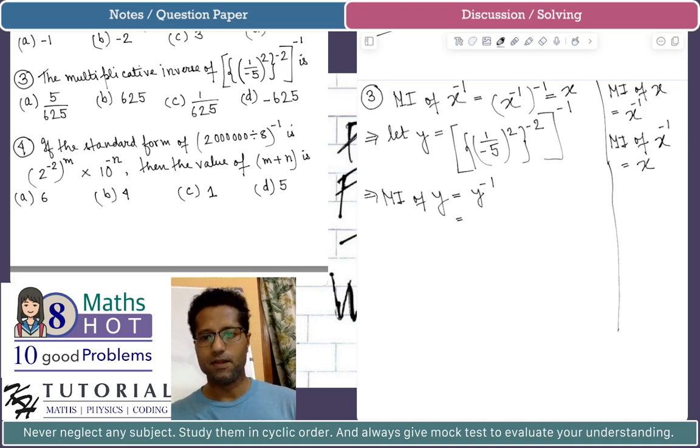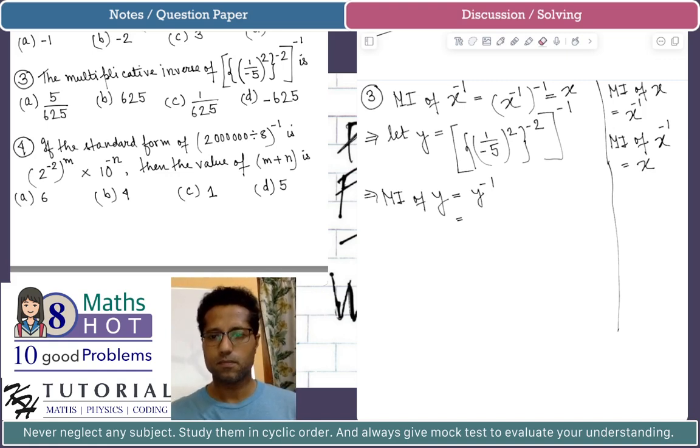So the multiplicative inverse of y, since we see that y, the given expression, has a power of -1 at the outermost level, will be equal to the base.